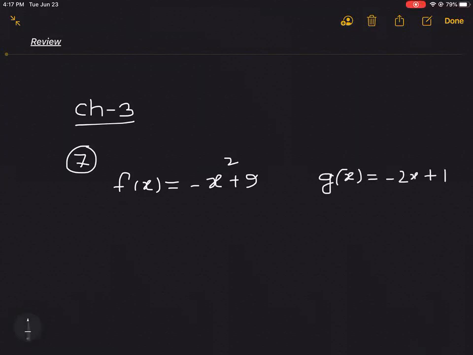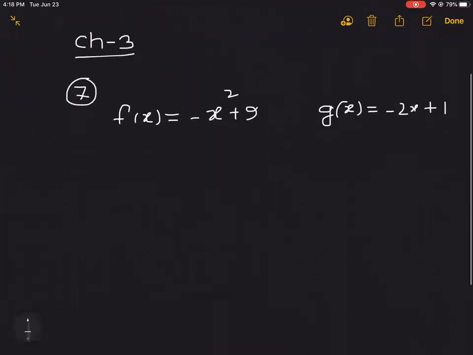And the question says, first of all, graph it. The first thing is to graph it, and for that graphing we'll use the transformation.